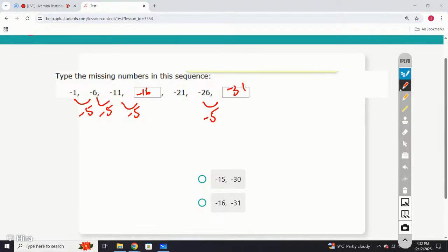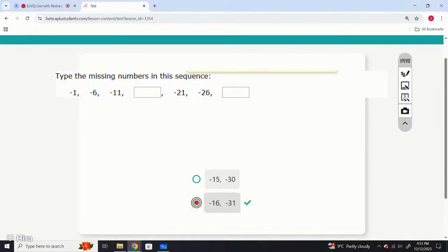So the missing numbers are option number 2, that is negative 16 and negative 31.